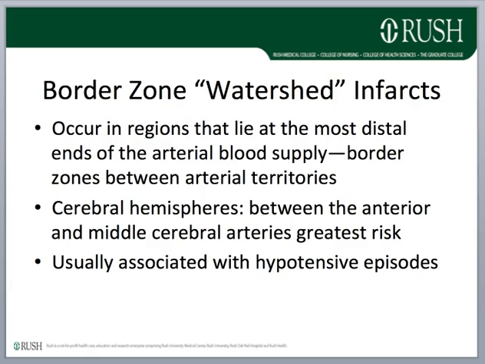In the cerebral hemispheres, the border zone between the anterior and the middle cerebral artery distributions are at greatest risk. Damage to this region produces a sickle-shaped band of necrosis over the cerebral convexity, a few centimeters lateral to the interhemispheric fissure. Border zone infarcts are usually seen after hypotensive episodes.